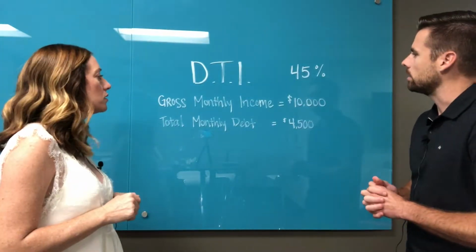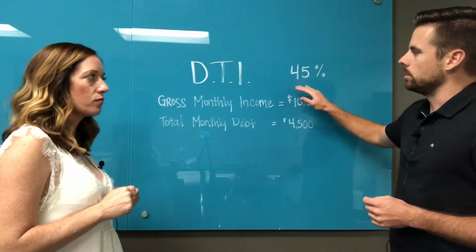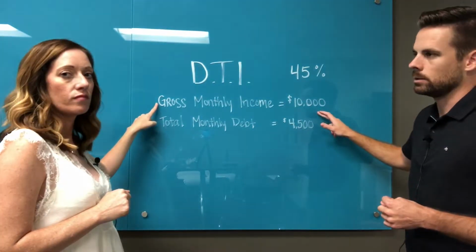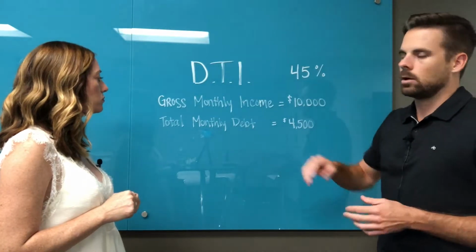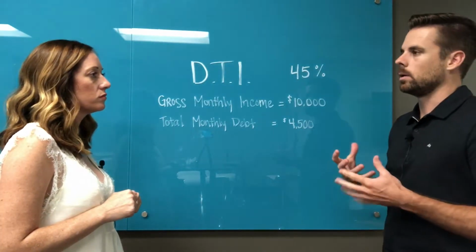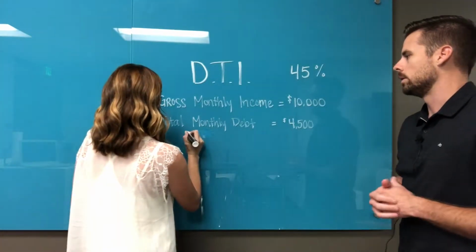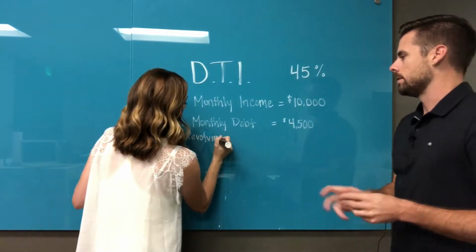Exactly. The way that we calculate your debt to income ratio is we take your gross monthly income. Let's just say in this scenario it's $10,000 a month for easy math. And we look at all of your monthly debts, and we're talking about revolving debts, so not your cell phone bill, not your Netflix or Hulu.